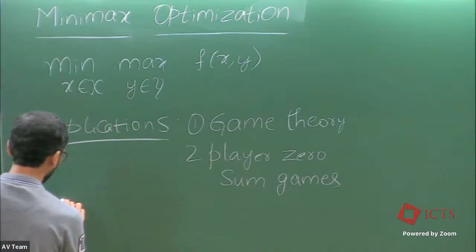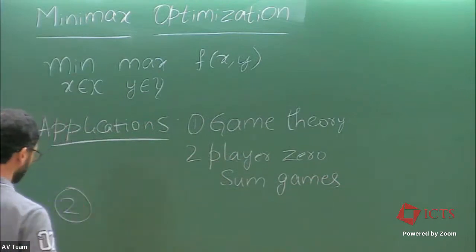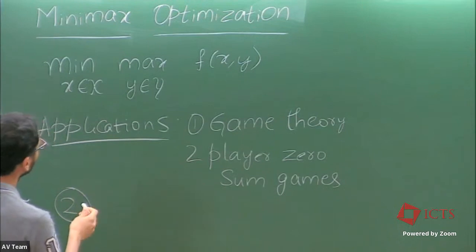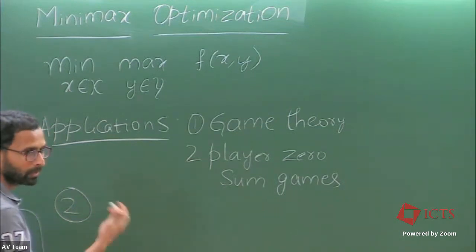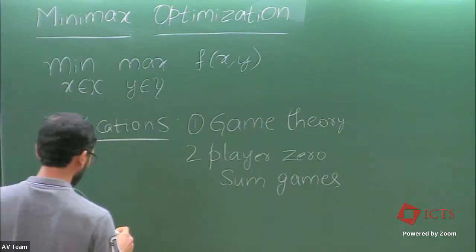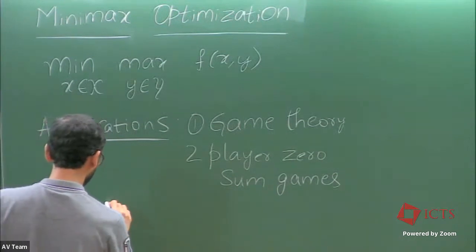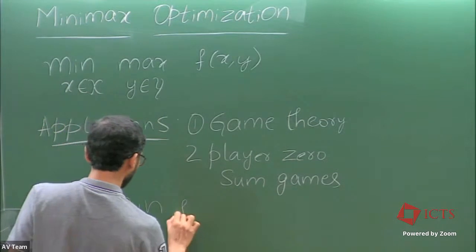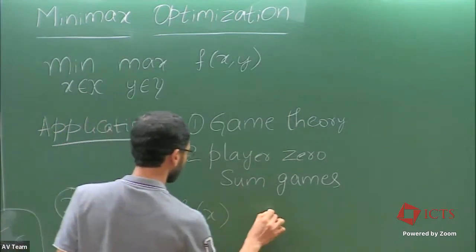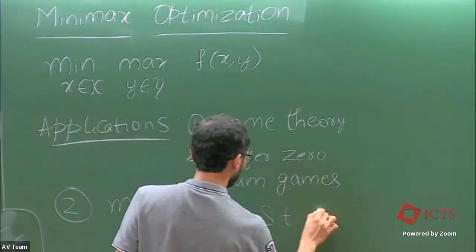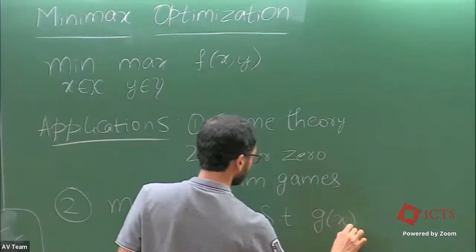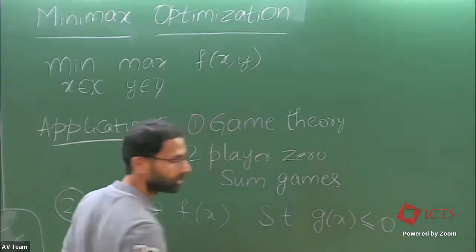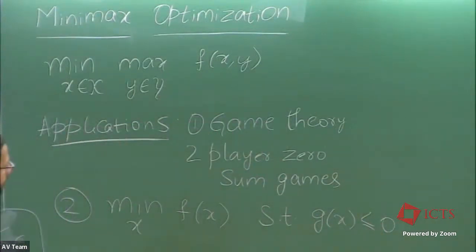The second one, there are many more, but the second one I would like to mention is more optimization oriented, which is that if I want to solve a constrained optimization problem, min over x, f of x, subject to g of x less than or equal to 0, right?